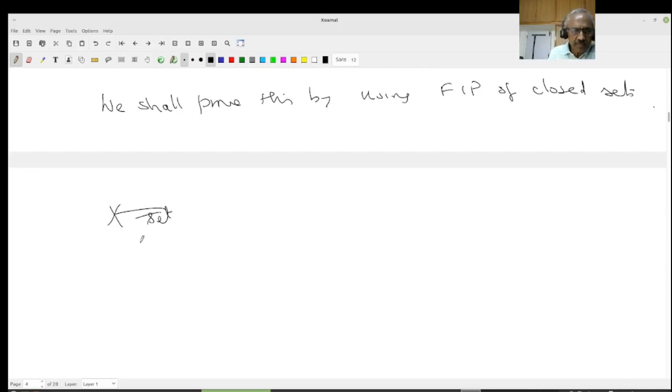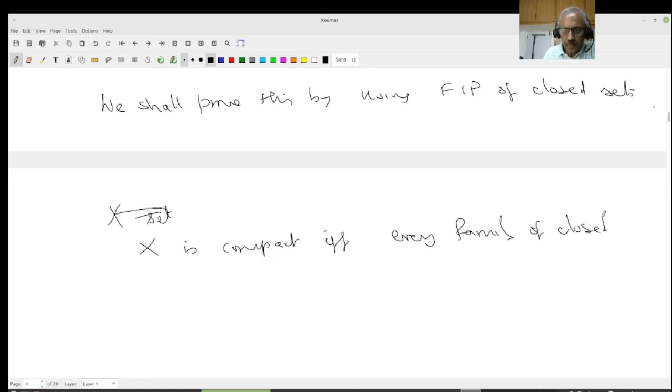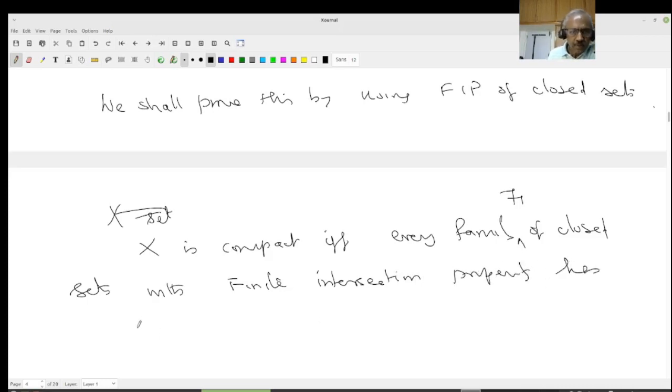We say X is compact if and only if every family of closed sets with the finite intersection property has non-empty intersection.